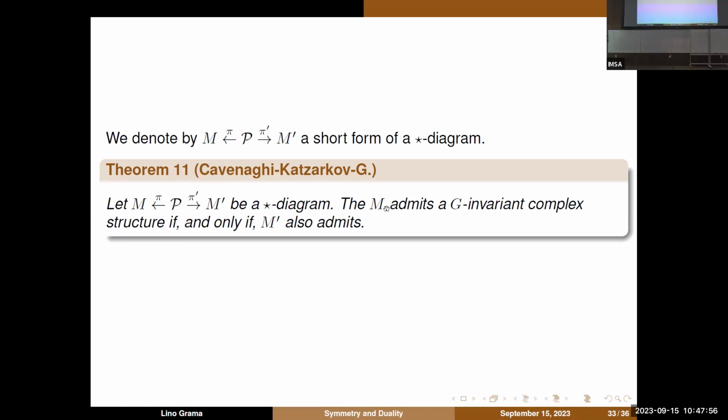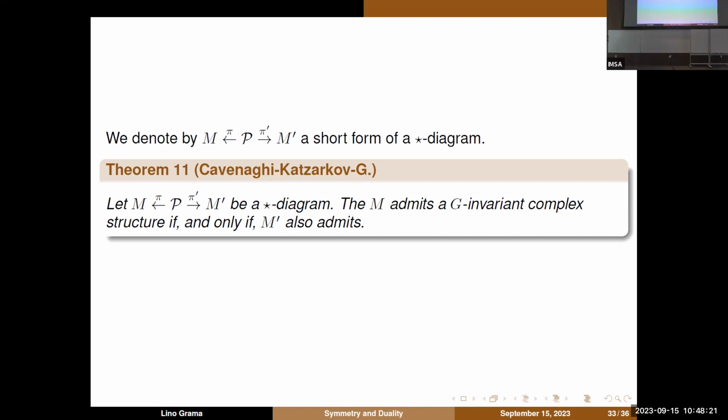If you admit a D-invariant complex structure, if and only if the spherical dual also admits. And in this case, if the usual Hopf admits a complex structure, the homotopy Hopf will also admit a complex structure.